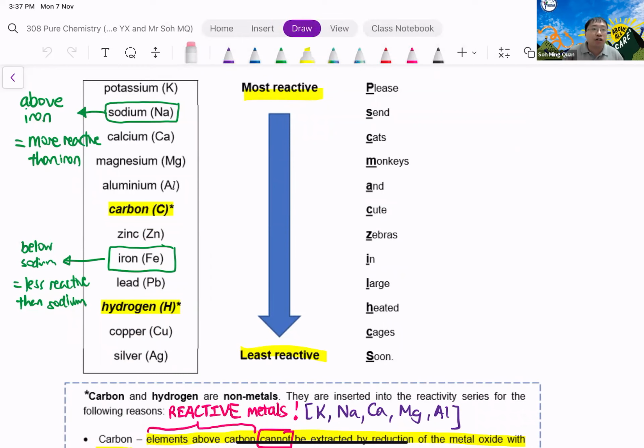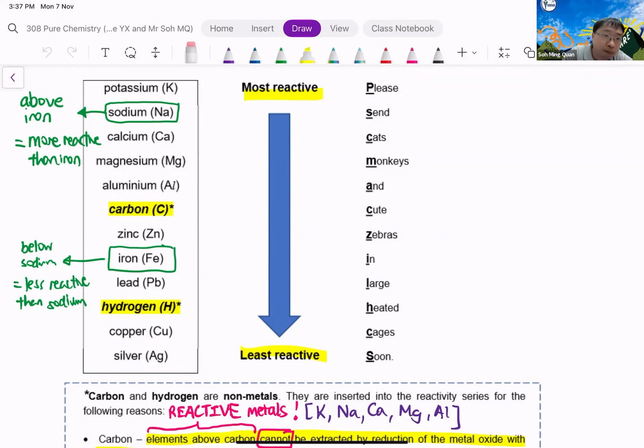Now my question is, are all the metals in the periodic table in the series here? Well, obviously not, right? There are many metals that are not listed here. But can they be slotted into the reactivity series? The answer is yes.